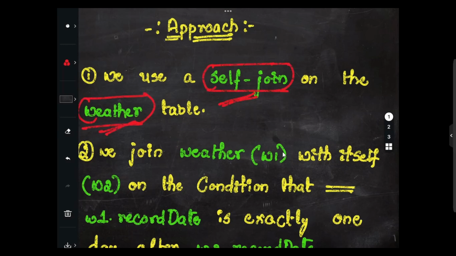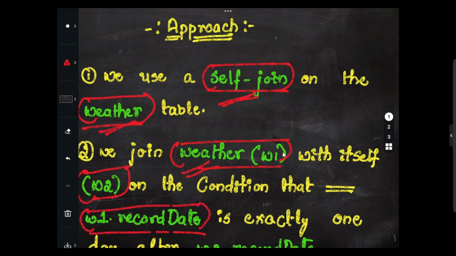The second step: after using the self join on the weather table, we will join Weather, W1 in this case, with itself, W2, on the condition that W1.record date is exactly one day after W2.record date.